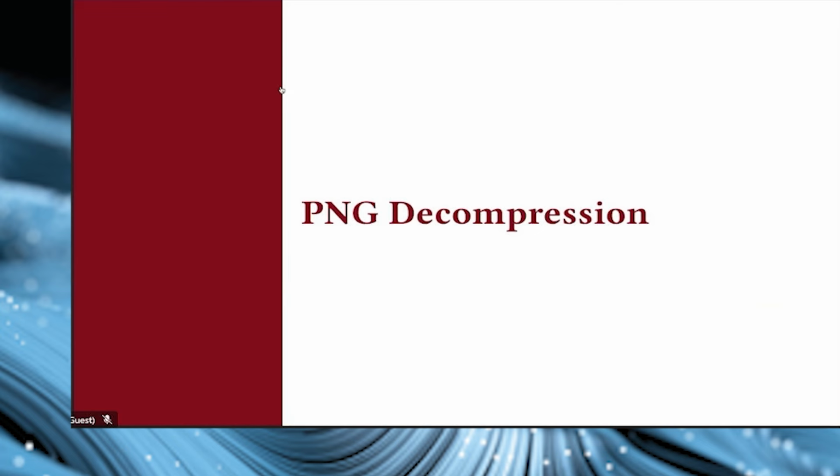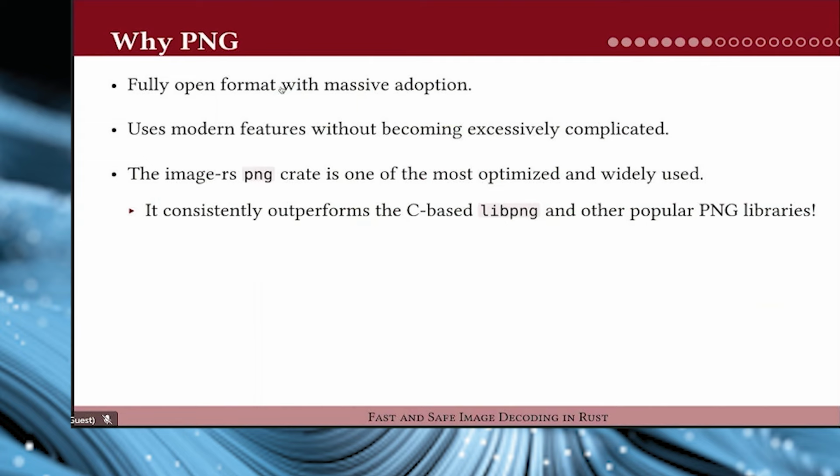So now I'm going to focus in a little bit on a specific file format, PNG. PNG is a fully open format. It's extremely widely used. I'm sure most of you are very well familiar with the format. But internally, it has a lot of modern features, but is actually way less complicated than you can imagine some other formats are.